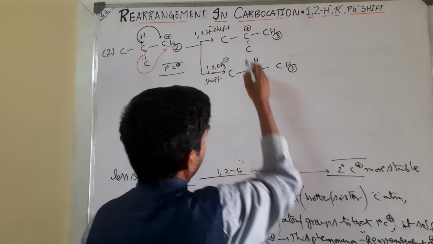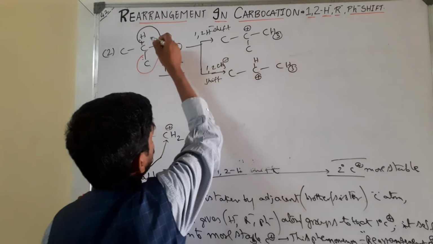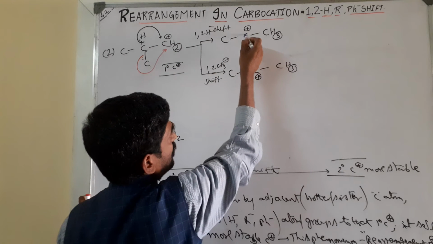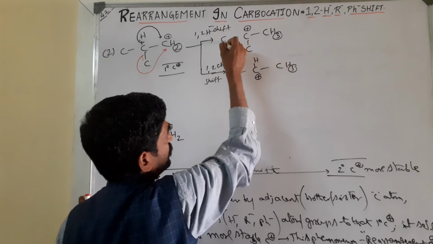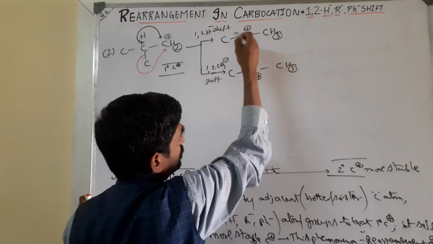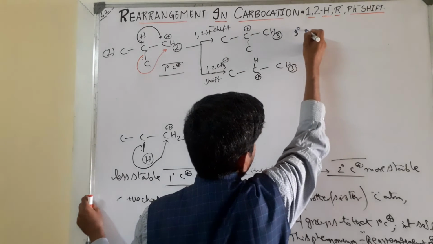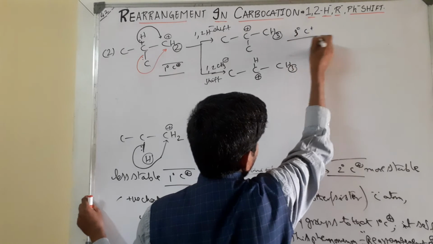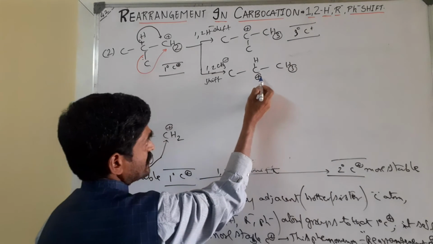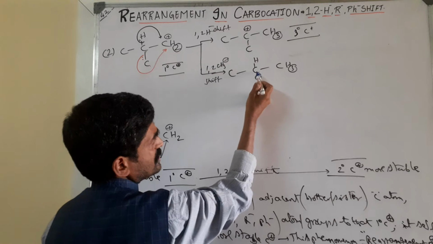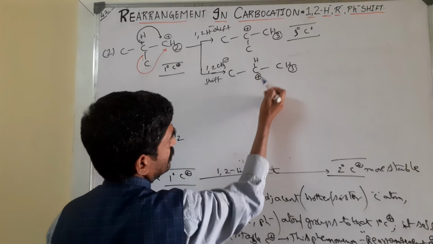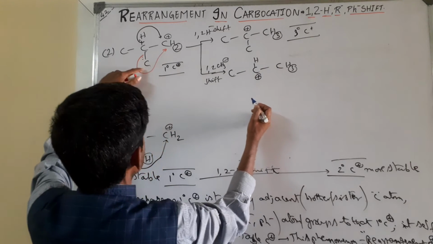Come here. After the shifting of the hydrogen, the carbocation formed is bonded on this side with 1, this side with 1, this side with 1, 3 carbon atoms. It is bonded to 3 carbons, so it is a tertiary carbocation. But in the other case, the carbon carrying the positive charge is bonded on this side with 1, this side with 1, and the methyl group CH3 is shifted here.